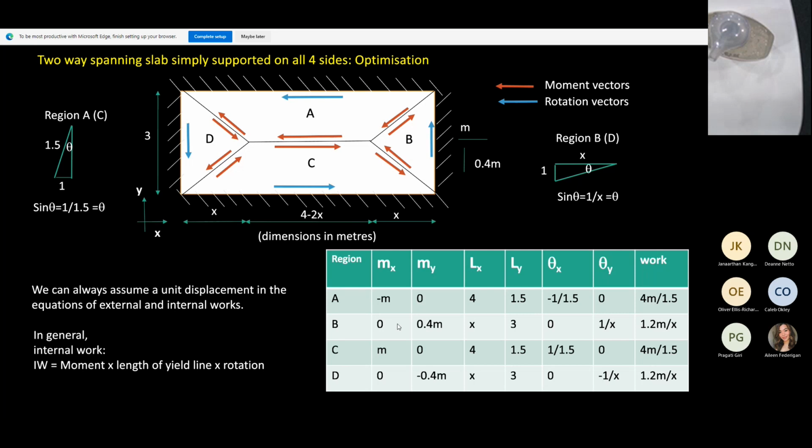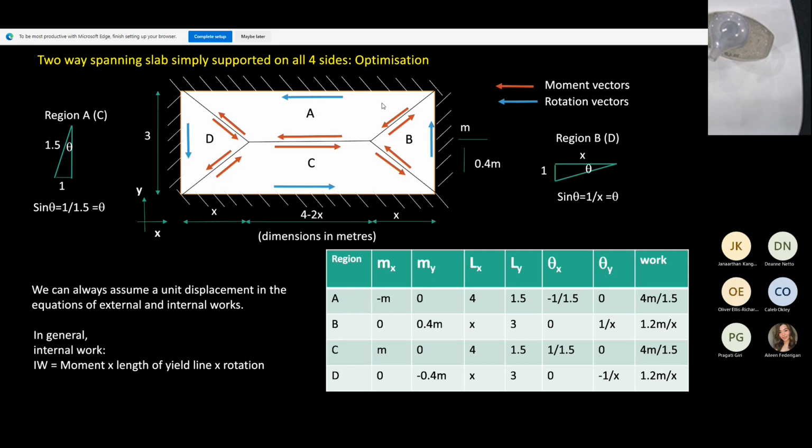Okay, so starting with A, follow this carefully. This is the vector, the moment vectors, these here in red. When you take these vectors and you project on the x-axis, do you agree that these will give you a negative moment?